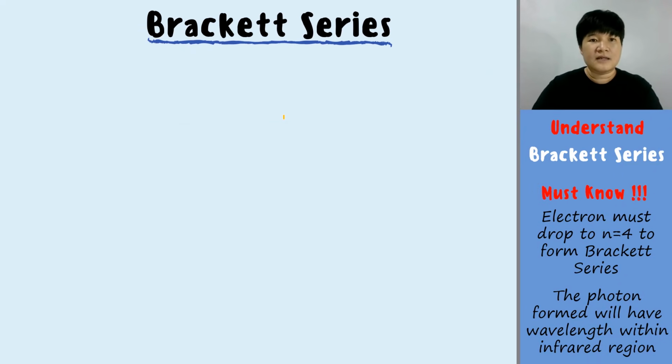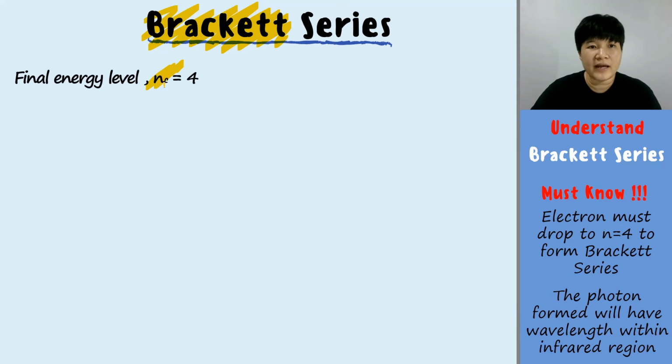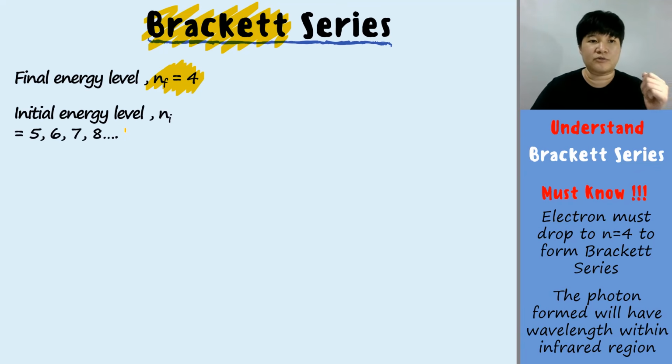Okay? Next, let's look at Brackett series. Alright, it's already the fourth series, so by right you should be extremely good already. And the only difference is, in the Brackett series, your n final is n equals to 4 over here. Therefore, your n initial must be all the energy levels above n equals to 4, which is n5, n6, n7, and above.